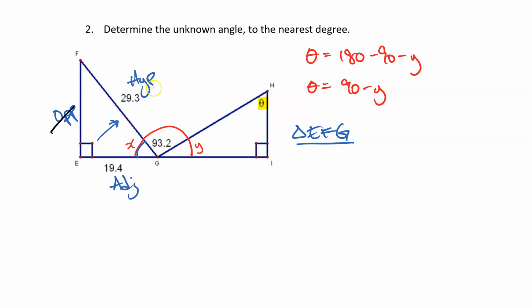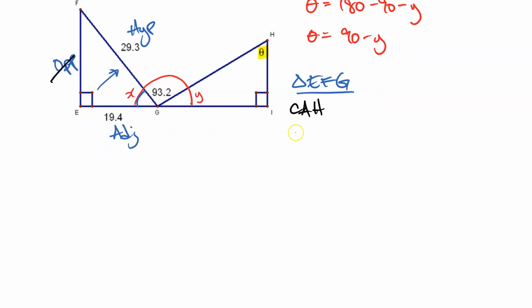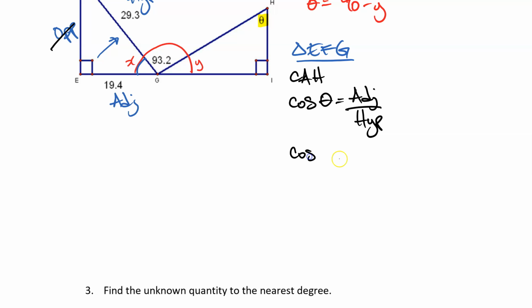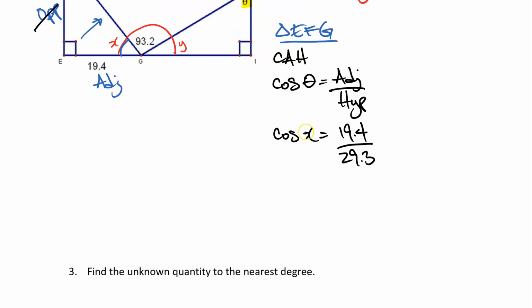And so we're going to use the adjacent and the hypotenuse, which is CAH, and I'm going to write cosine of x is equal to the adjacent value over the hypotenuse. And so that is cosine of x is equal to the adjacent, which is 19.4, over the hypotenuse, which is 29.3. Okay, and here, remember, when we're trying to find an actual angle, we're going to have to do the inverse cos. So x is equal to cos inverse of this 19.4 divided by 29.3.